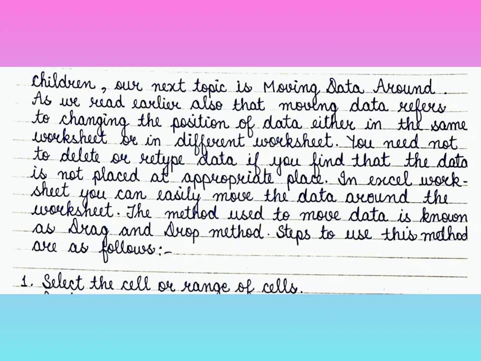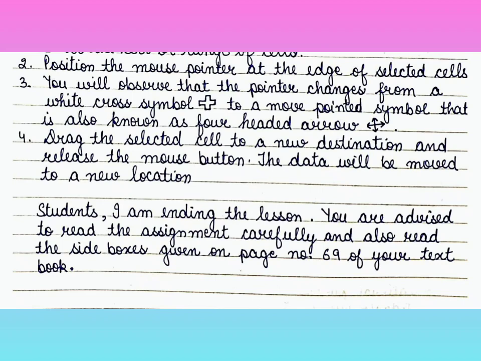Steps to use this method are as follows. Number 1. Select the cell or range of cells. Number 2. Position the mouse pointer at the edge of the selected cells. Number 3.